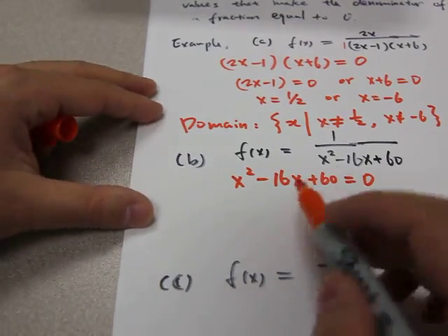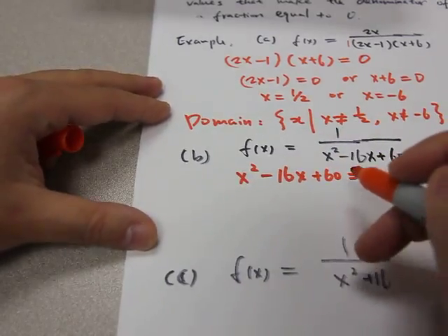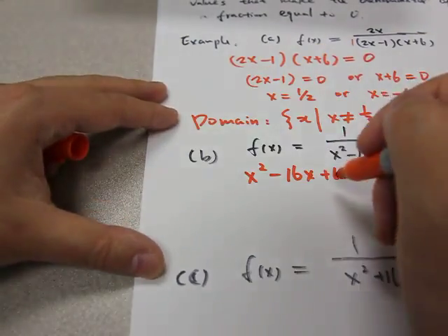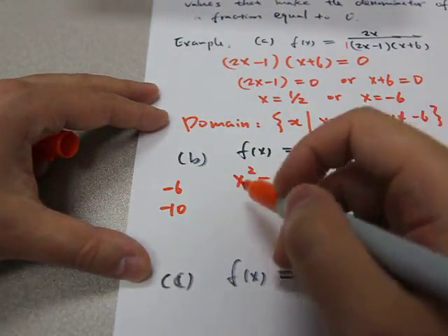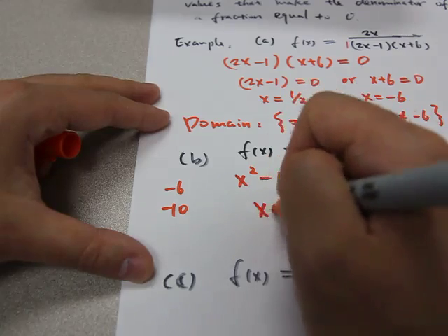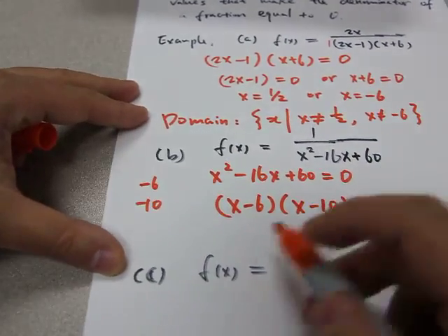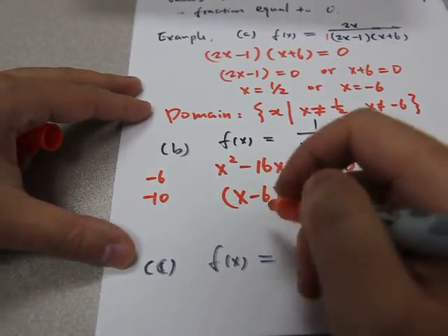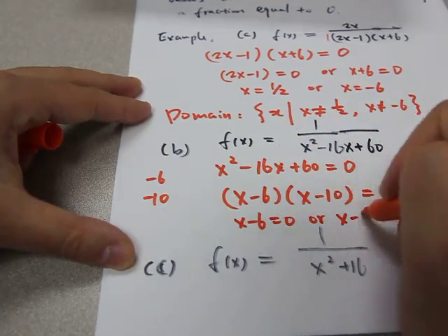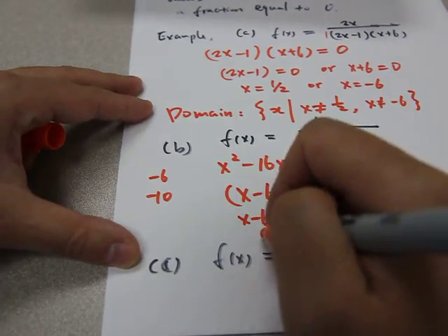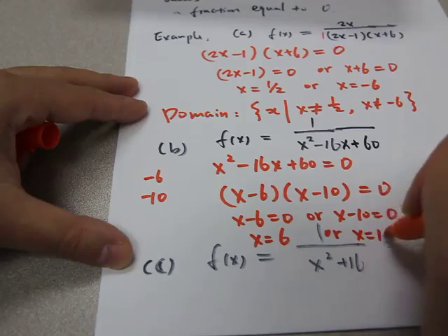So here, since 60 we can factor as a negative 6 and a negative 10, we can factor this trinomial into (x minus 6) times (x minus 10). And then use the zero product property, we can find the solution. So the solutions are x equals 6 or x equals 10.